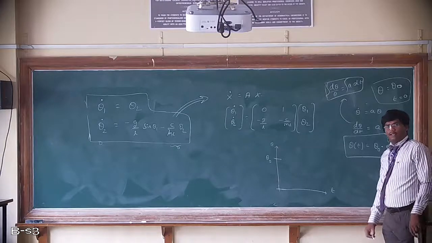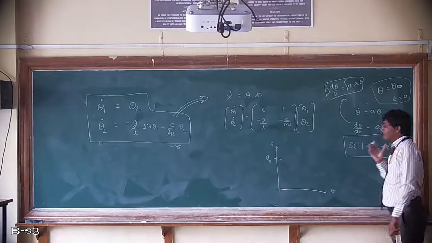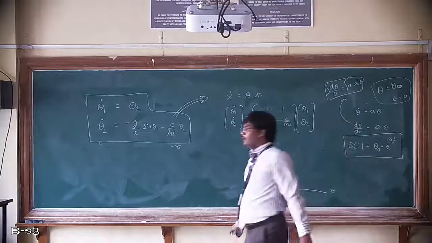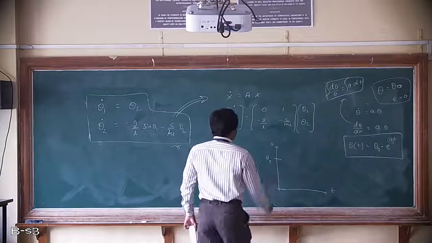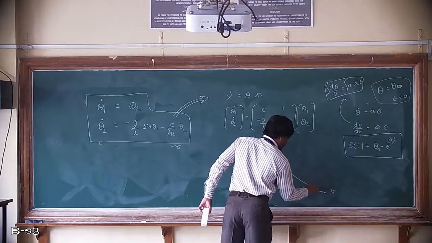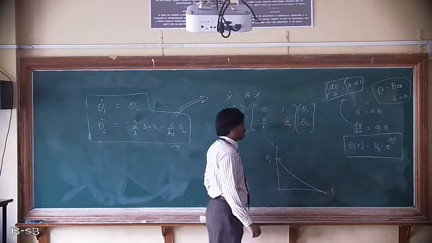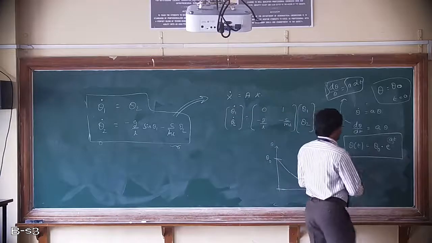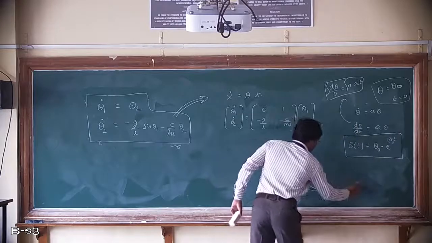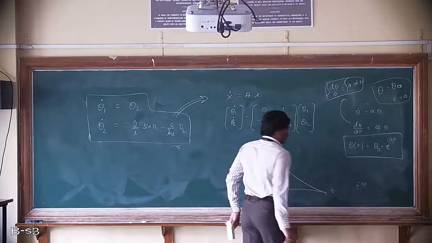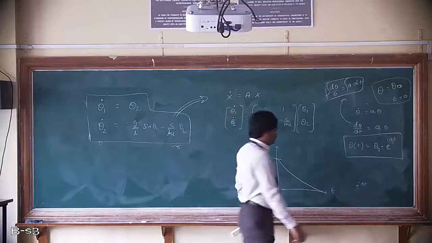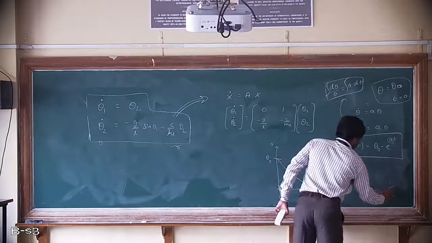If a is a negative real number, what will happen? Exponentially it will come to the initial position. If a is a negative real number, you can write e power minus at, that is nothing but 1 by e power at.